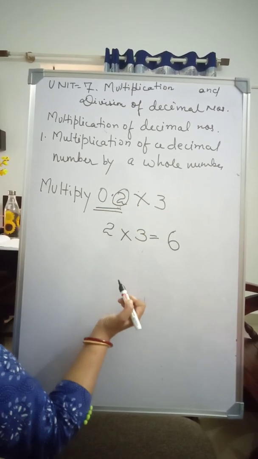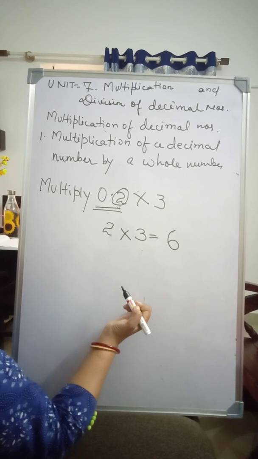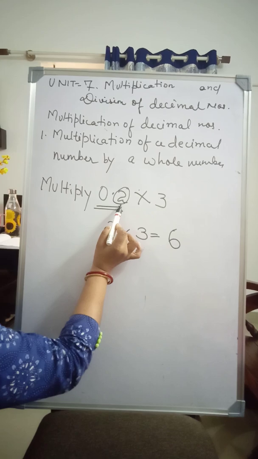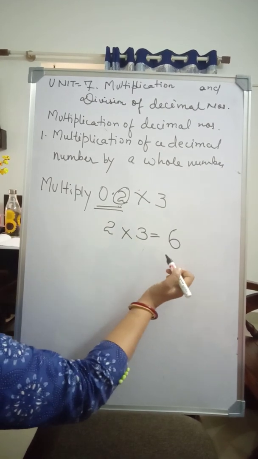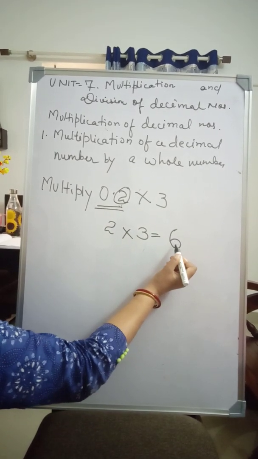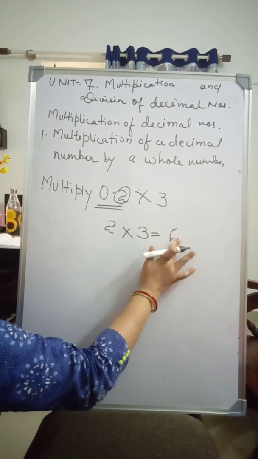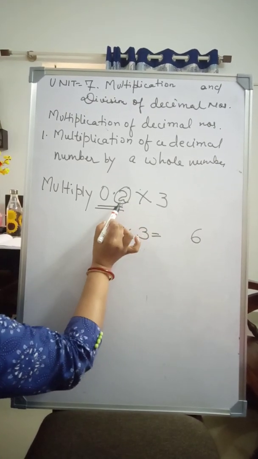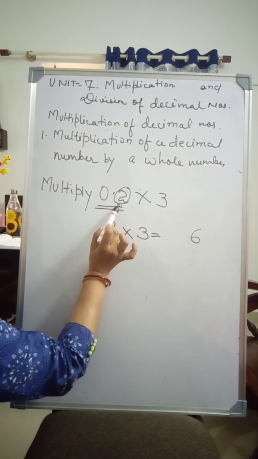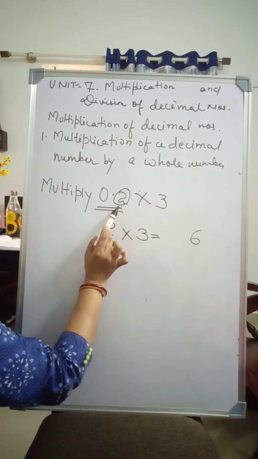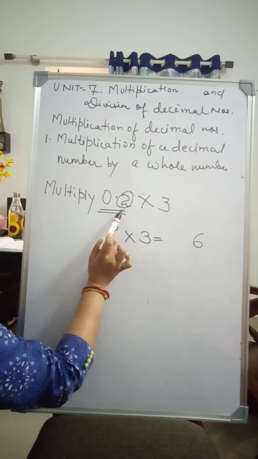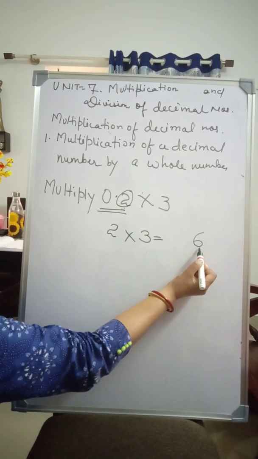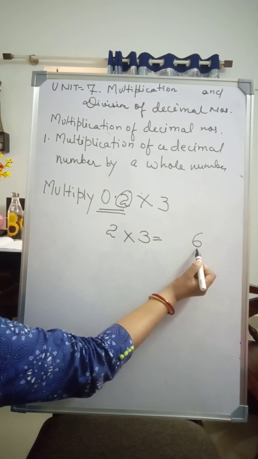So since the number of decimal places is only 1 in this multiplicand, we keep only one decimal place in the product also.